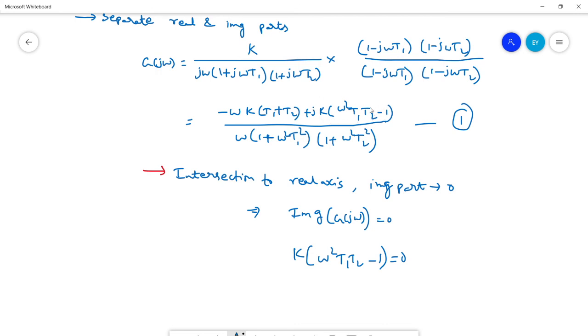If you compute omega here, it is the same as the omega we calculated before, 1 by root of t1 into t2.